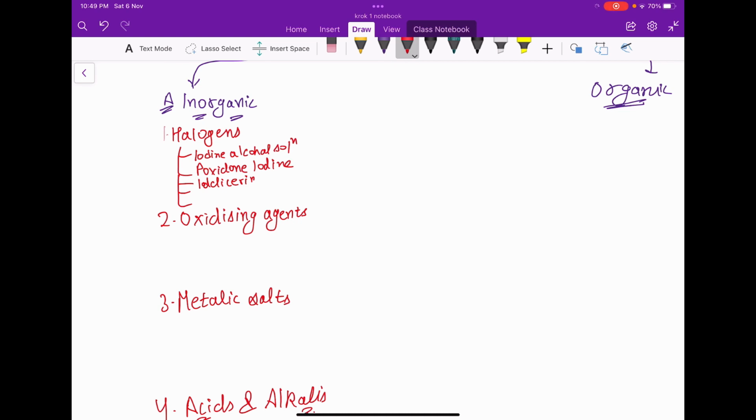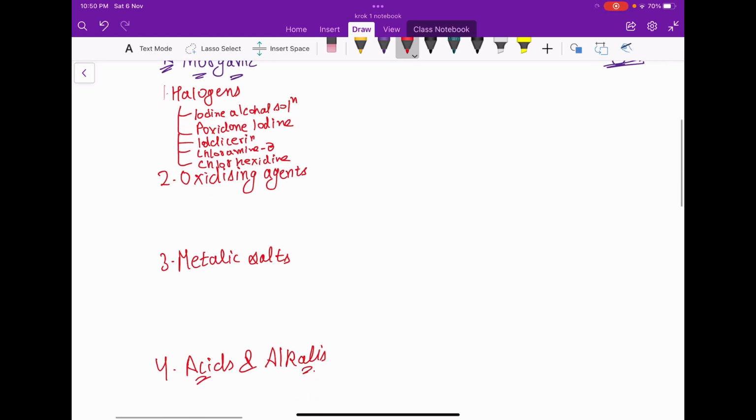Thereafter chloramine. Thereafter chlorhexidine. And what are the oxidizing agents guys? These are only two: hydrogen peroxide, and the other one is potassium permanganate, KMnO4.